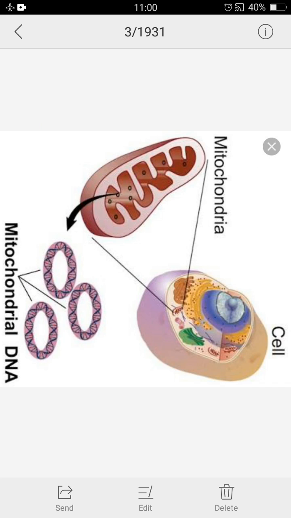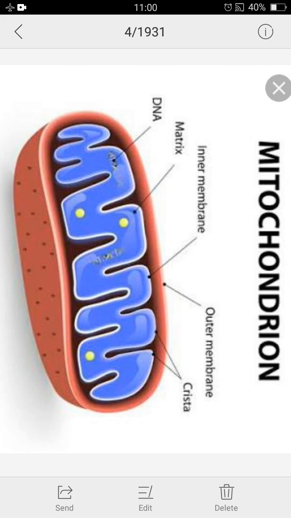Now, some more information I would like to bring to your notice regarding cristae. Okay, what is the use of cristae? You can see in this diagram. Cristae increase the surface area of the mitochondrion. This is because the mitochondrion space is huge and the shape and size also vary from one to another, because the cristae help in increasing the surface area.